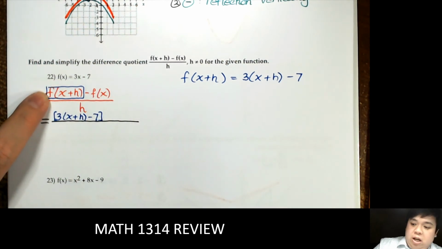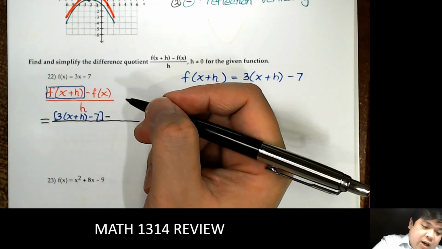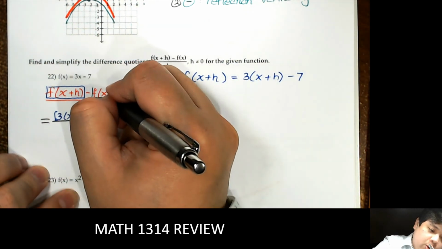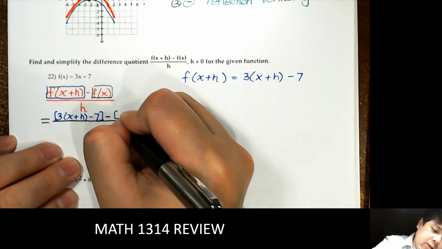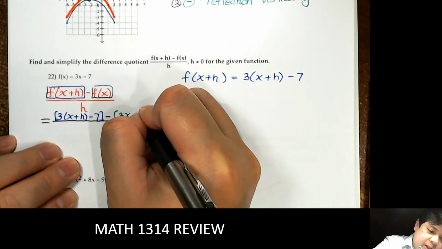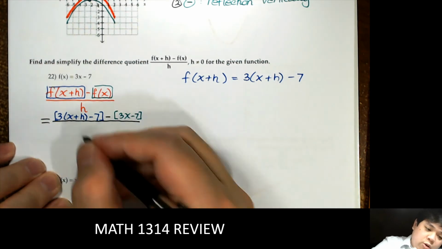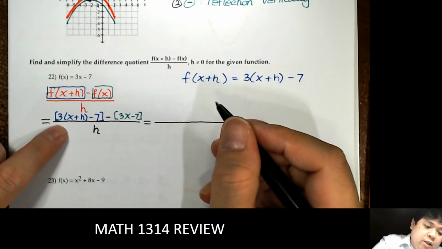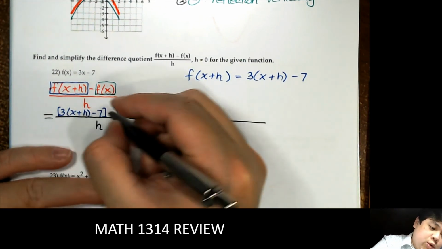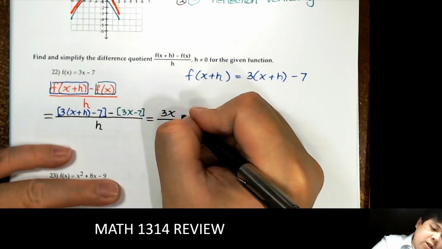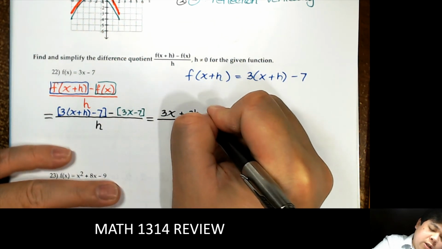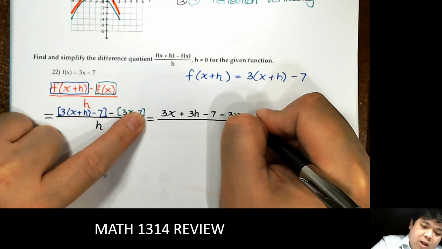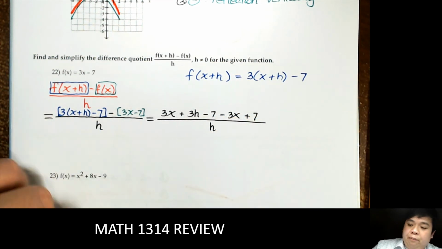So that f of x plus h minus f of x, which is the original function 3x minus 7, all of which over h. So now we just simplify, multiply it out, 3x plus 3h minus 7 minus 3x plus 7 over h.